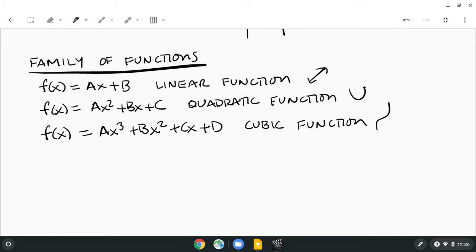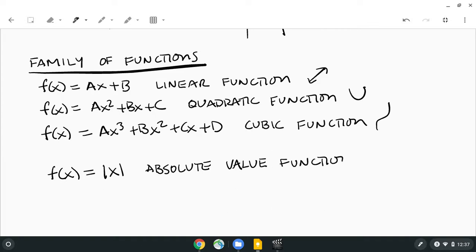And then of course the absolute value graph, which I will put down here because it's sort of different from the other ones. The other ones are polynomials. And this one's our absolute value. And this one is V-shape.